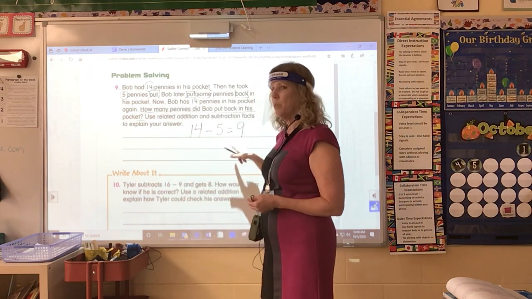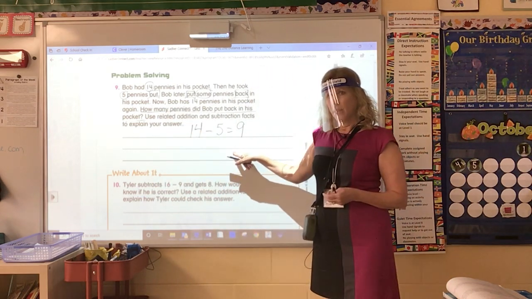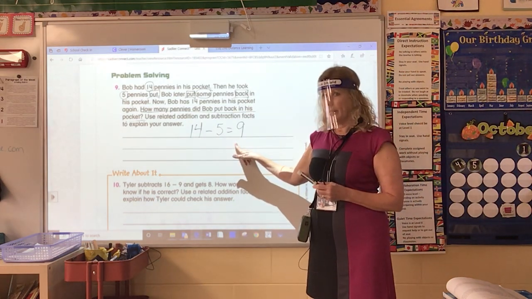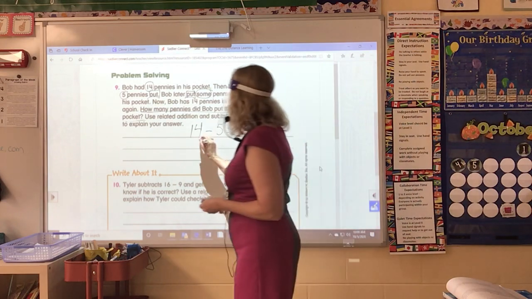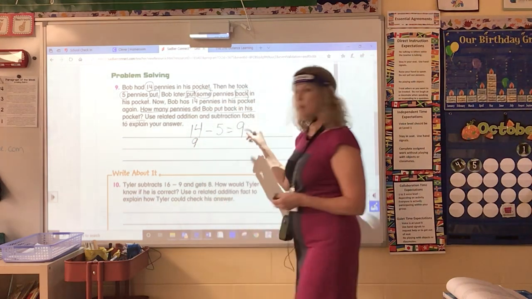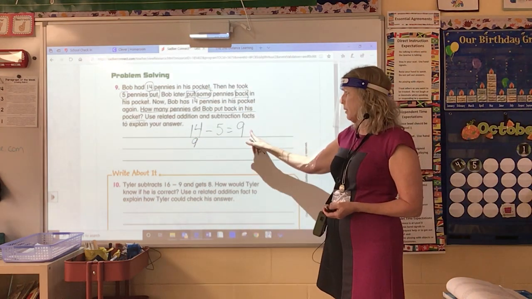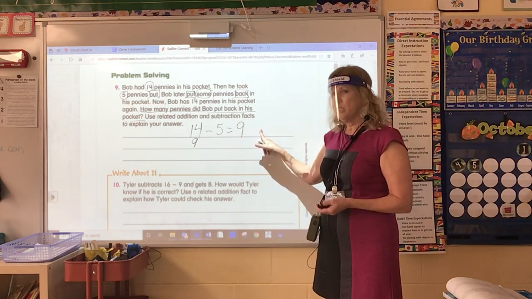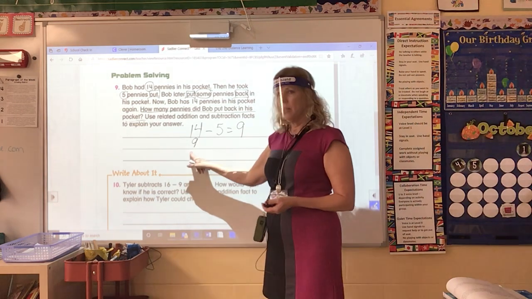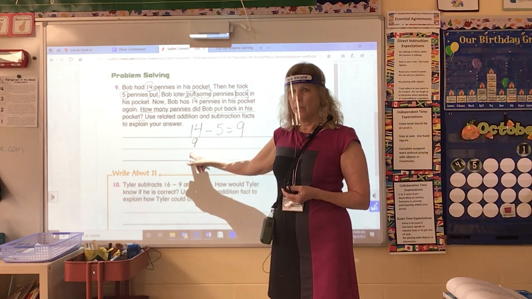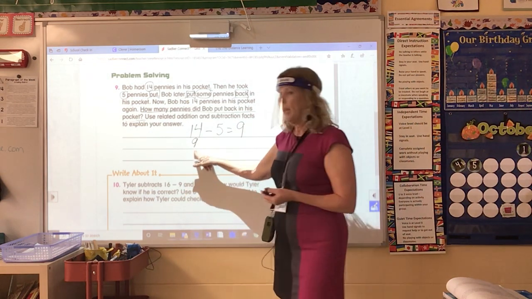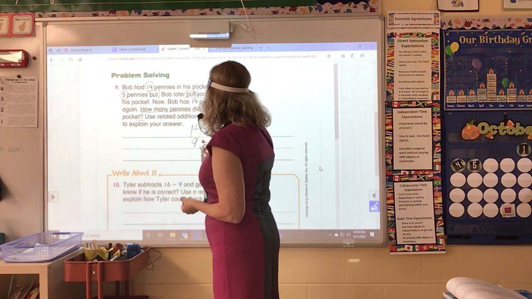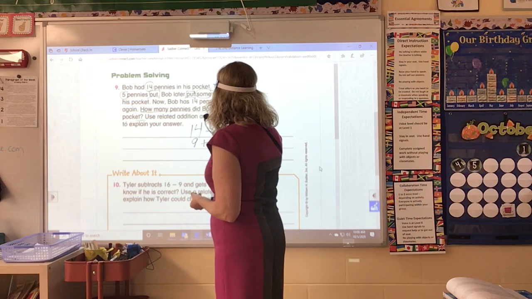He took 5 out, which left him how many? 9. So we need to start with our 9, right? Remember what we saw last time? The difference between these two now becomes the add-in down here. So 9 plus 5 equals 14.